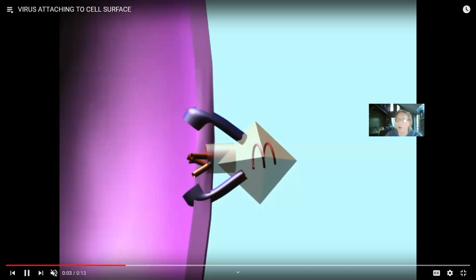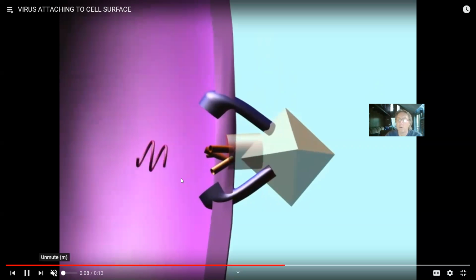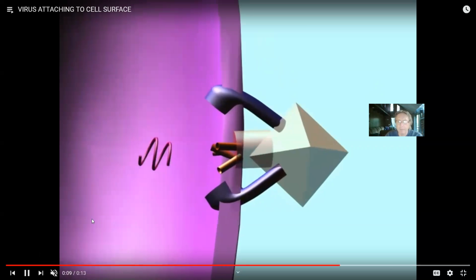So there has to be a specific recognition. And this is why not only are viruses typically specific to one or several species, but also a cell type. So there are viruses that cause hepatitis in the liver but don't infect other tissues, or viruses which cause meningitis in the brain but don't infect other tissues, etc. Viruses may have to do different things, and so very often viruses that infect bacteria, for example, after they bind to their receptor, they have to literally inject their nucleic acid through the cell wall of the host.